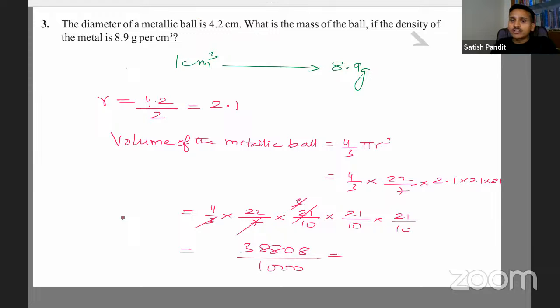So if you put 3 decimal places, you get 38.808. That is the volume.